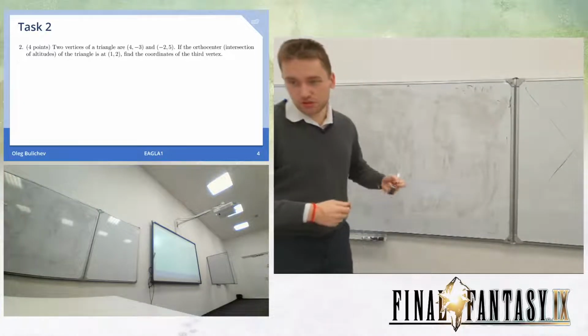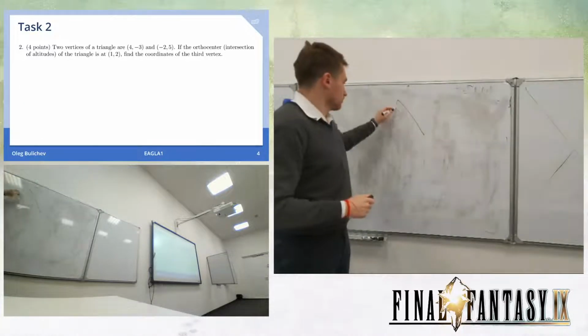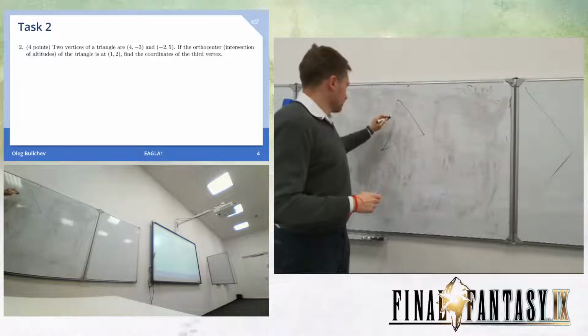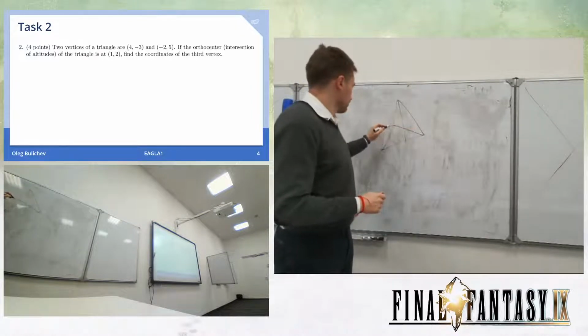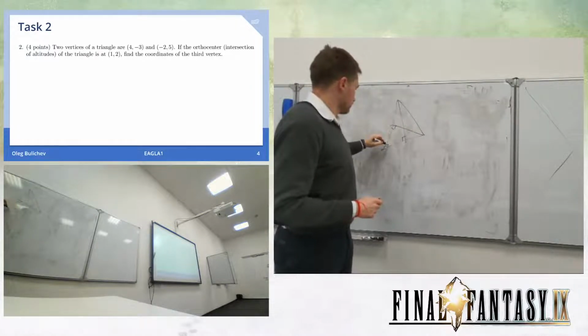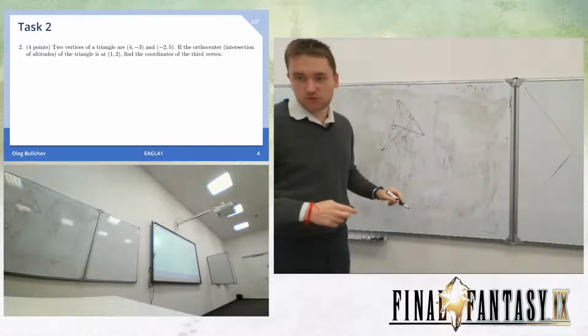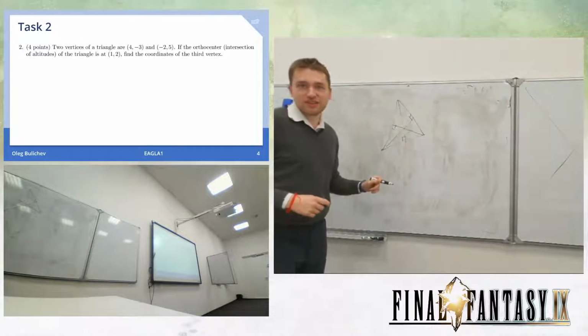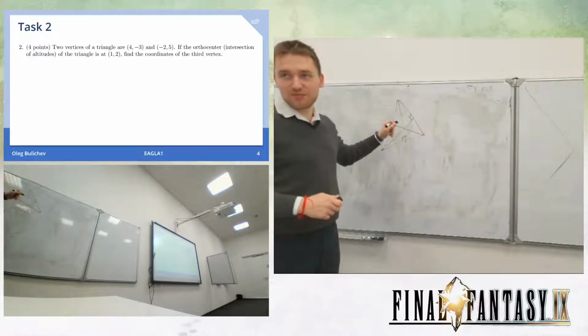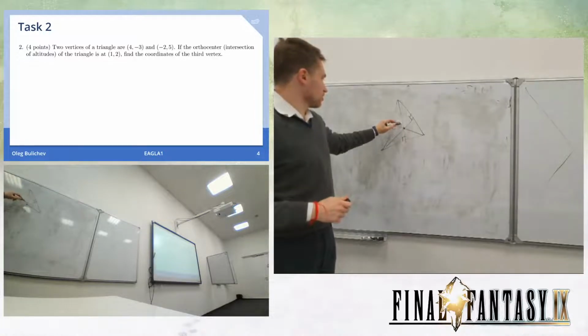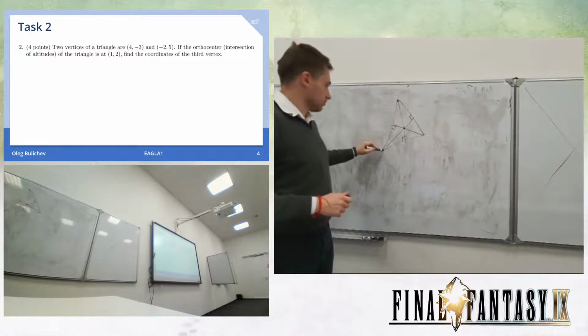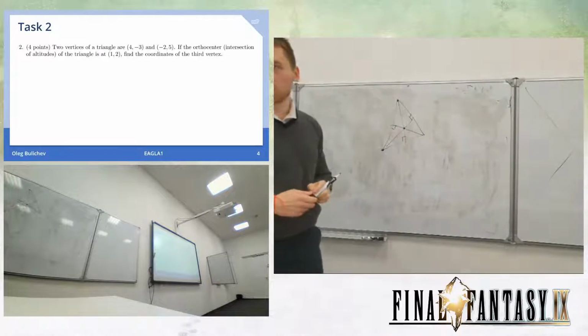So you draw this picture, you find some particular point. Sounds like geometry from 9th grade. We have this point and some points. So how did you solve this task?